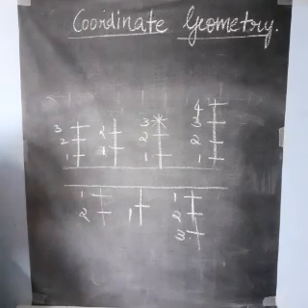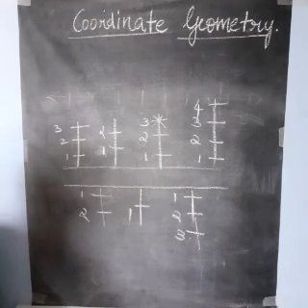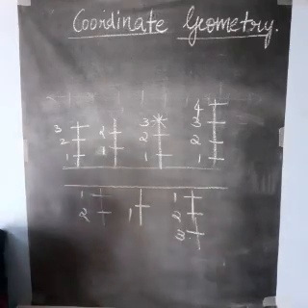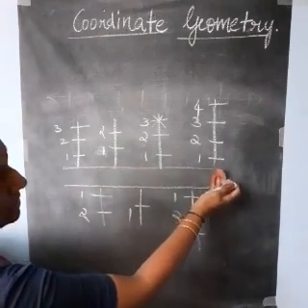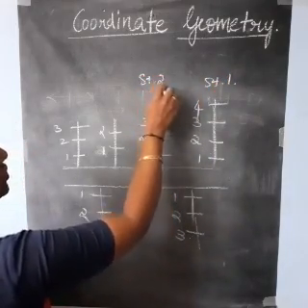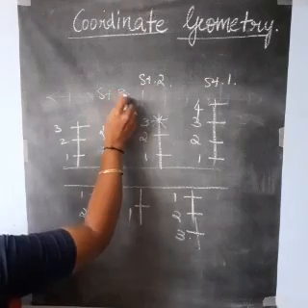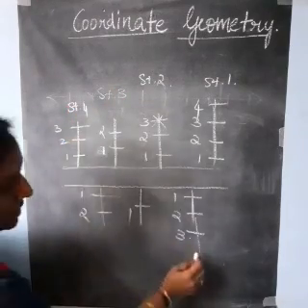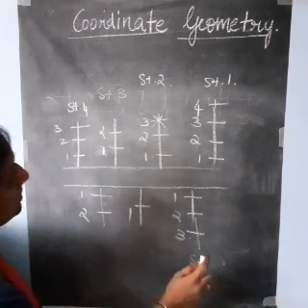Yes. How will you describe it? You will say from the main road. You will say which street. This is the first street, isn't it? This is street 1. This will be street 2. This will be street 3. This will be street 4. Same way here it will be street 1. Shall we say this?